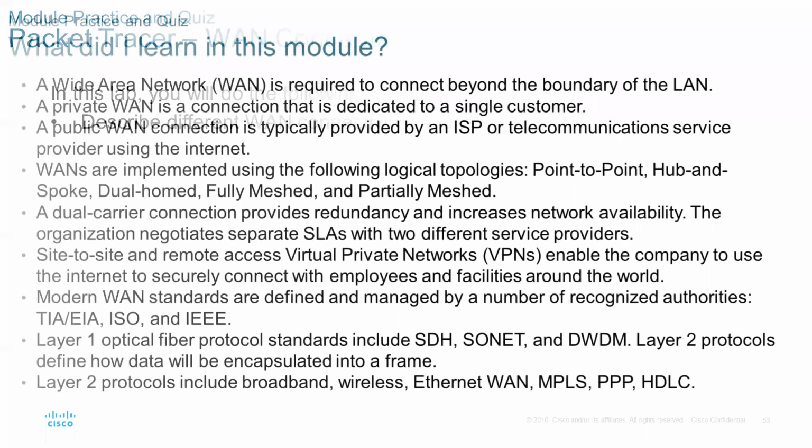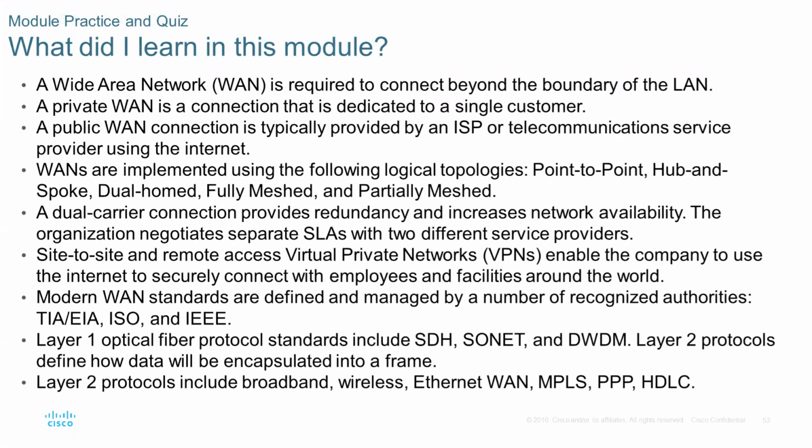So in summary, we introduced the concept of wide area networks and how they look. Basically, the logical topology is used: point-to-point, hub and spoke, dual home, fully meshed, partially meshed, and the fact that most networks will use a combination of those on an enterprise level.